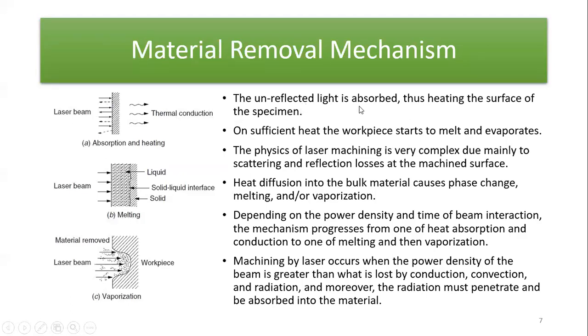Whatever is reflected is reflected; whatever is not reflected will go through the material, right? If it's a solid material, mainly it's through conduction. On sufficient heat, the workpiece starts to melt. If enough heat is absorbed, the workpiece will start to melt and evaporate.